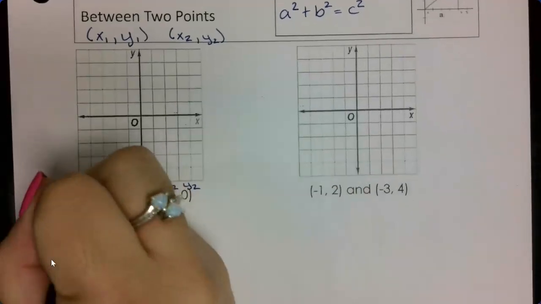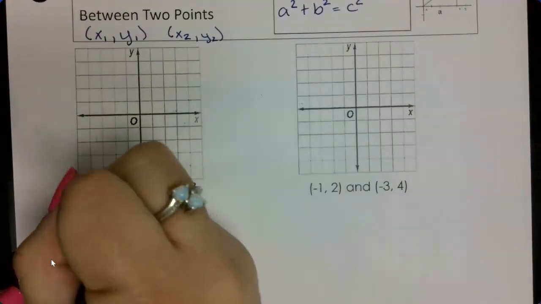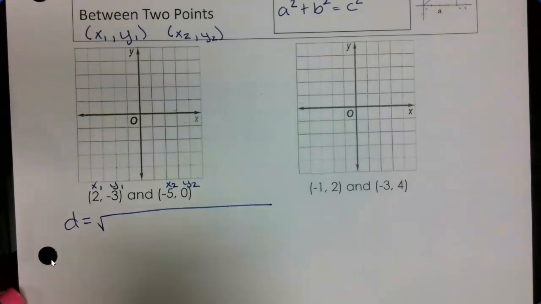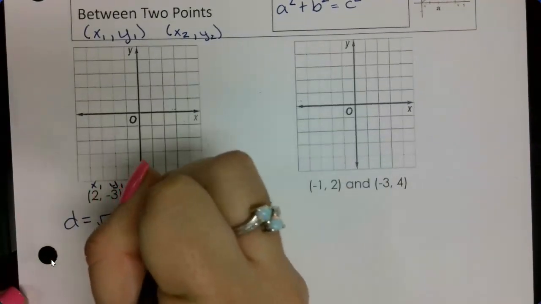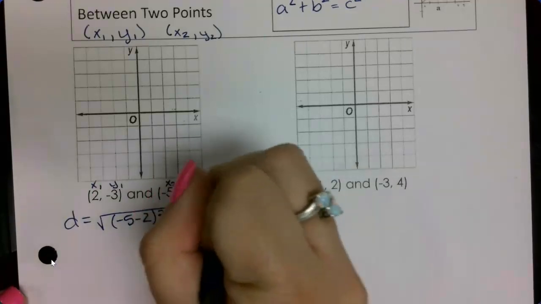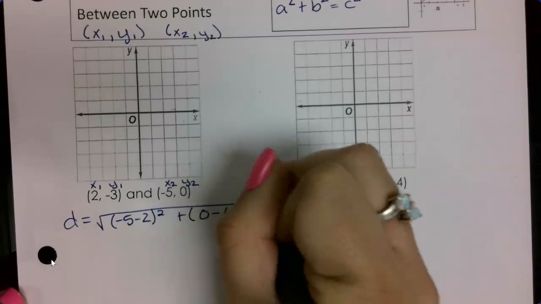And I want to plug into my distance formula because I have 2 points and not a triangle. So, plugging in, I'm going to have negative 5 minus 2, and that quantity is going to be squared. And then I'm going to add that to 0 minus negative 3 squared.